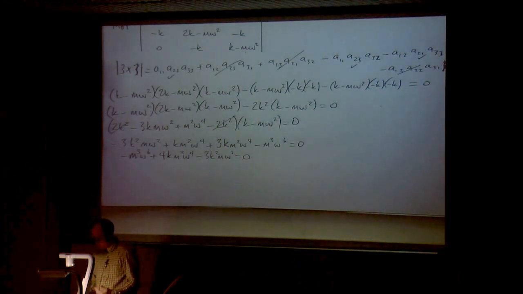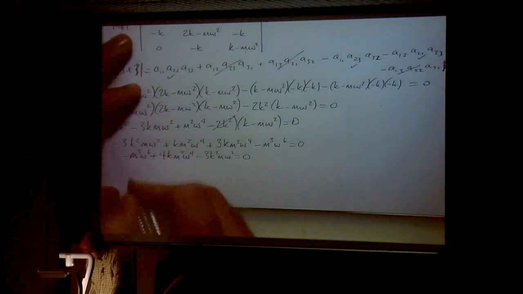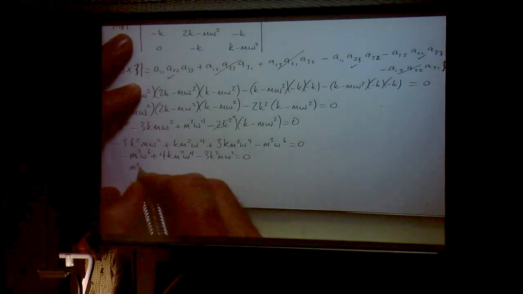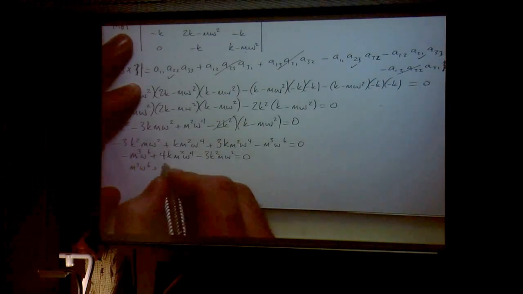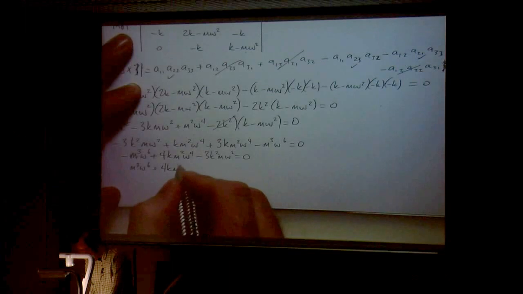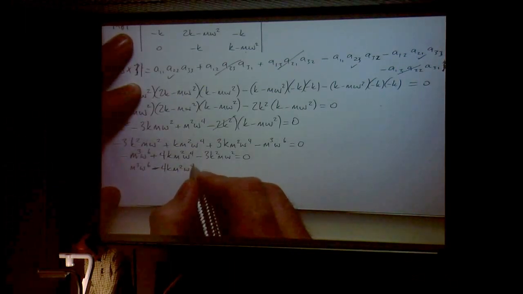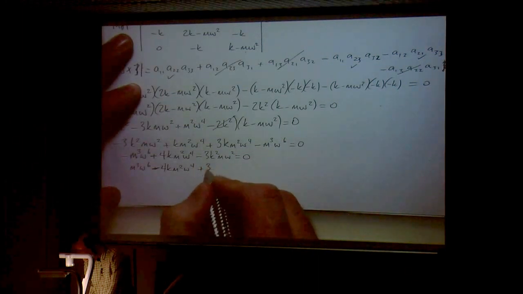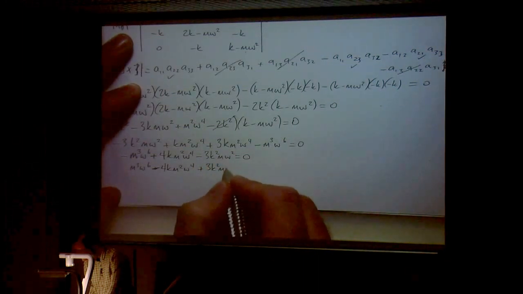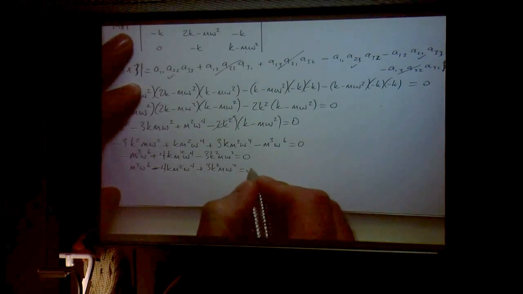I'm going to divide the whole equation by minus 1 because it makes things easier. So we end up with m cubed omega 6 minus 4k m squared omega 4 plus 3k squared omega squared equals 0.